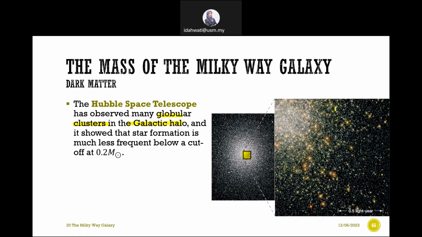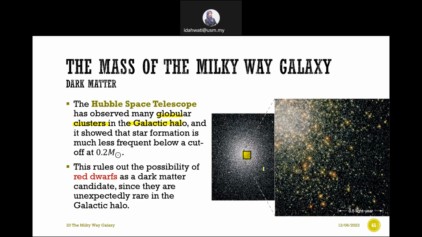This rules out the possibility of red dwarfs as dark matter, since they are unexpectedly rare in the galactic halo.